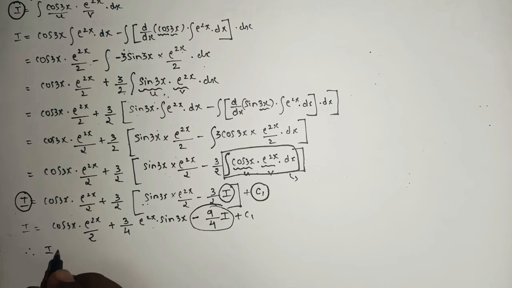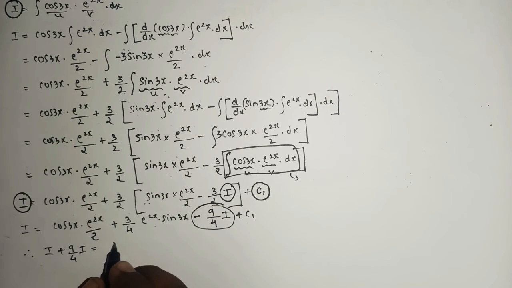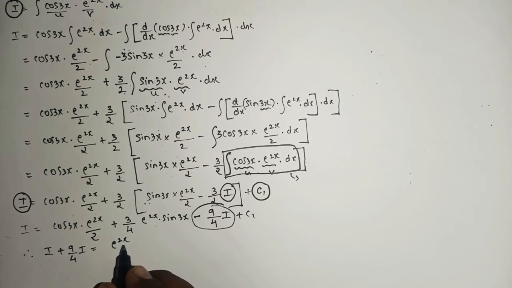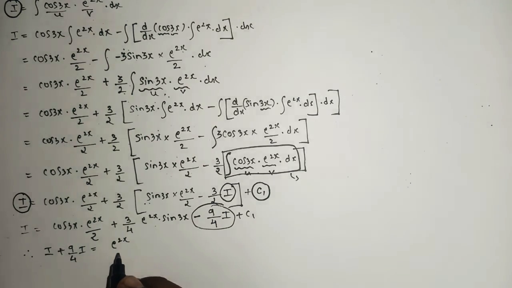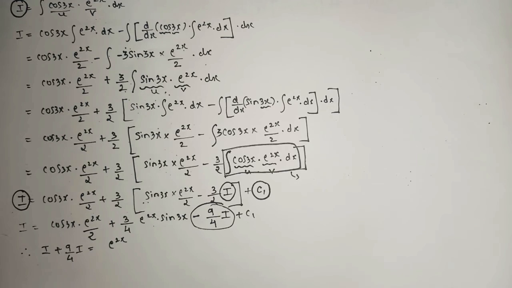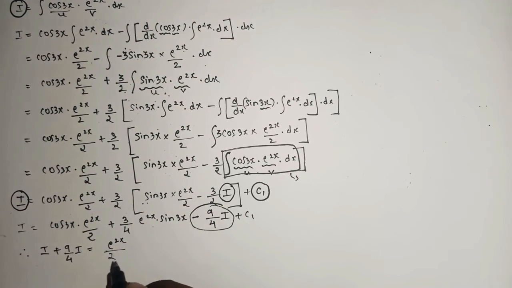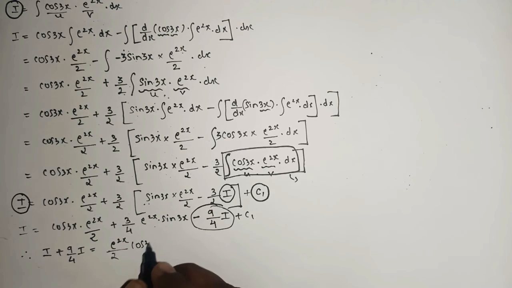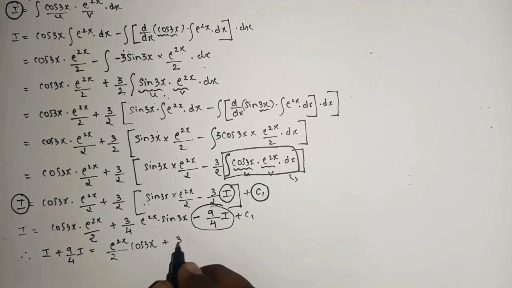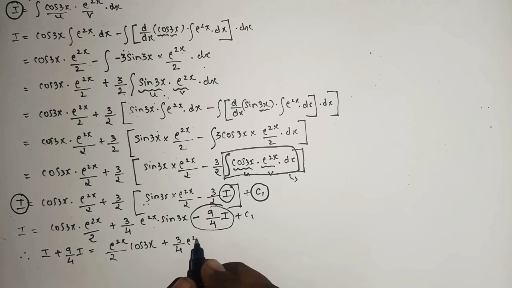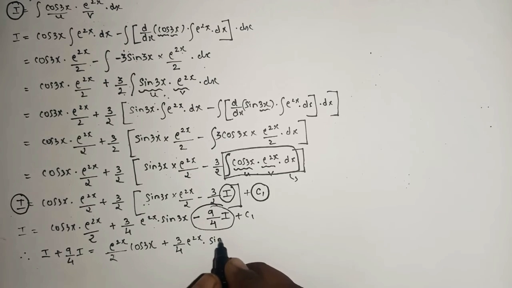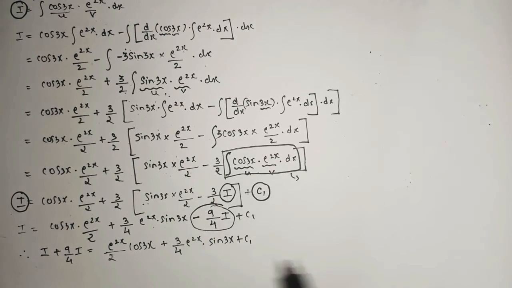So I plus 9 upon 4 I equals this, which we can write as e raised to 2x upon 2 into cos 3x plus 3 upon 4 e raised to 2x into sin 3x plus c1.